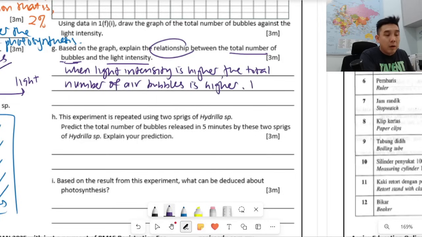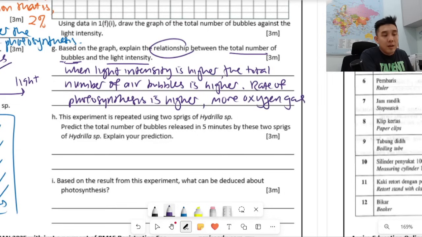Okay, this is simply because rate of photosynthesis is higher, comma, more oxygen gas is released.